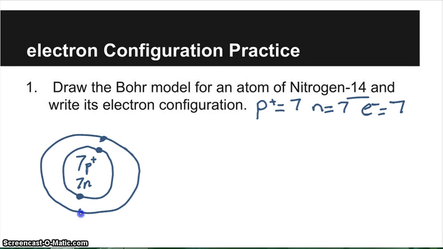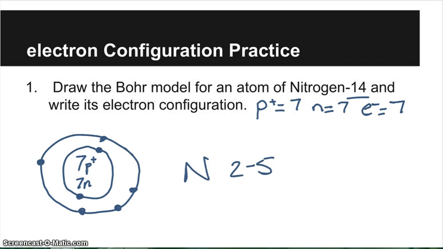We have 5 more to put on there. Okay, so there's our Bohr model for nitrogen. If we wanted to give the electron configuration, this one's a rather simple one. Its electron configuration is 2, 5: 2 electrons in the first energy level and 5 in the second.